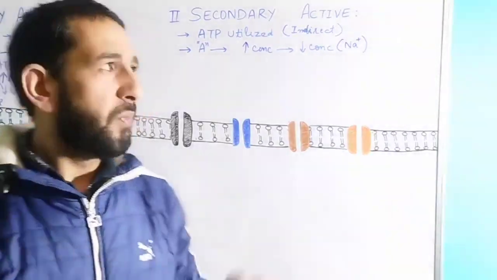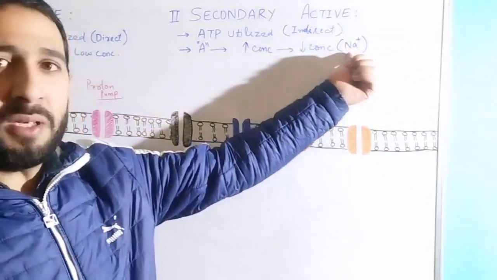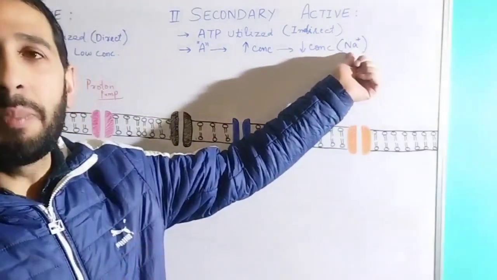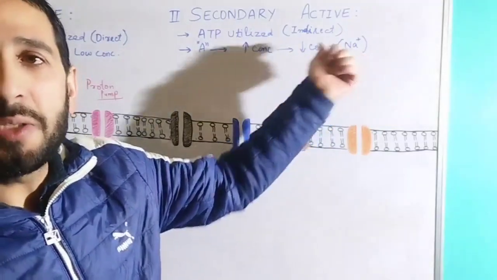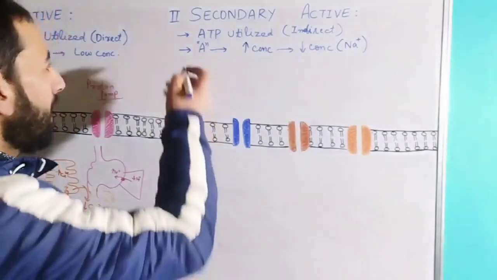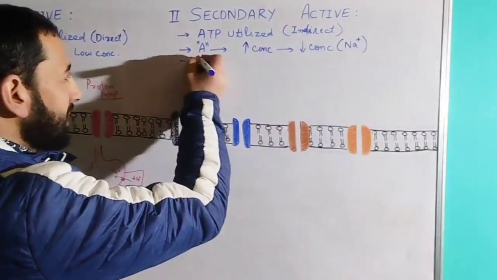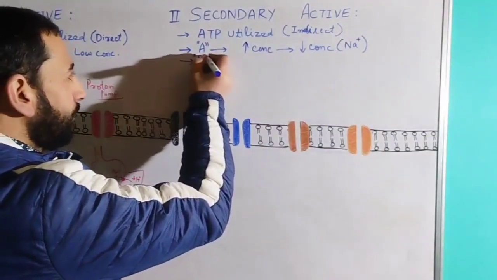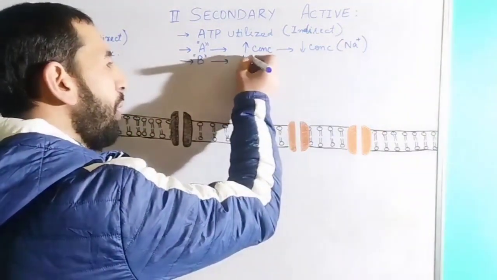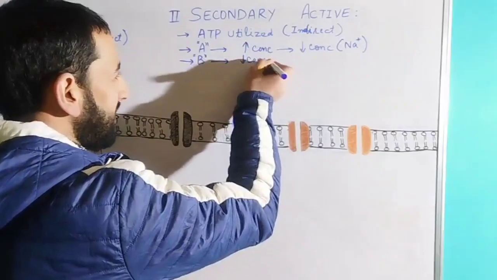So if sodium is being transported from high concentration to low concentration, very simple, sodium must be transported from outside to inside of the cell. Now, there will be another substance, for example, substance B, and this substance B will be transported from low concentration to high concentration.